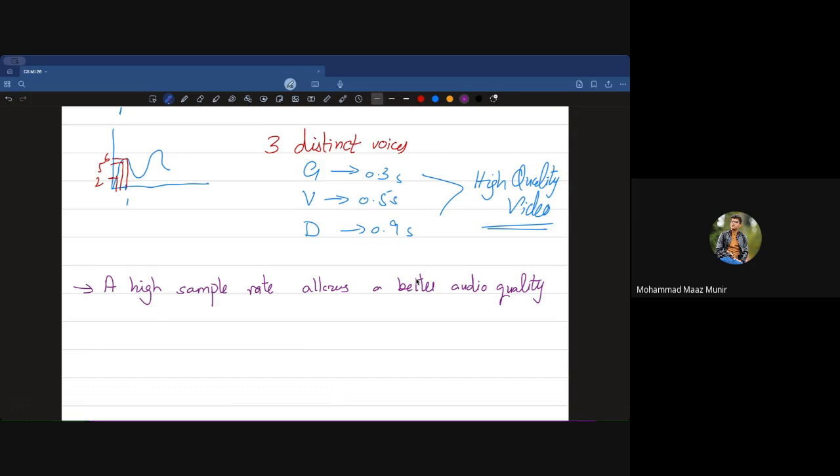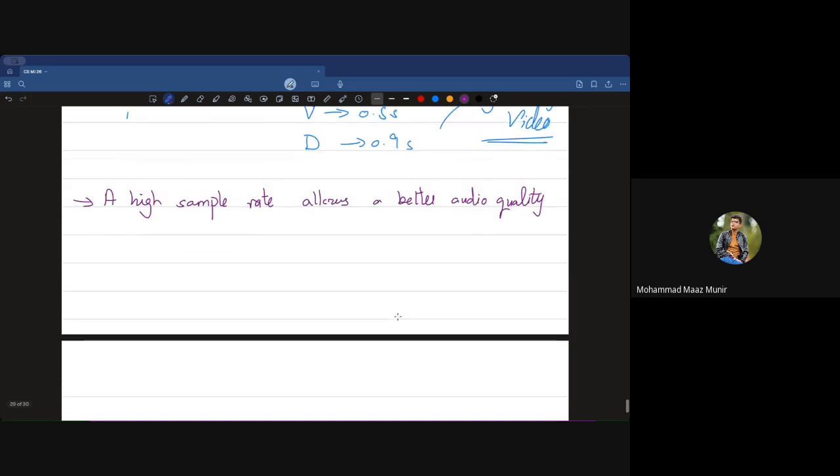Apart from that, we also have one other important keyword which you should be aware of, and that is sampling resolution. Sampling resolution is very similar to sample rate, but a bit different, because it is about storing the specific file.